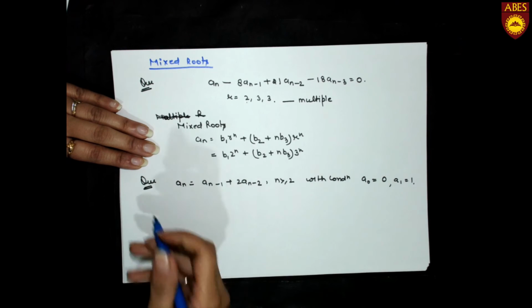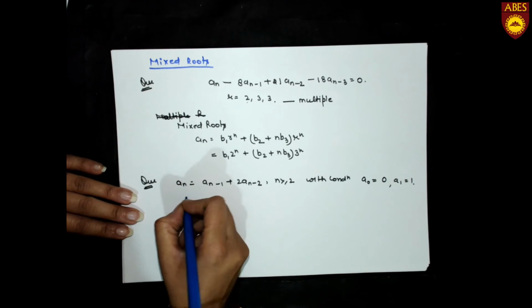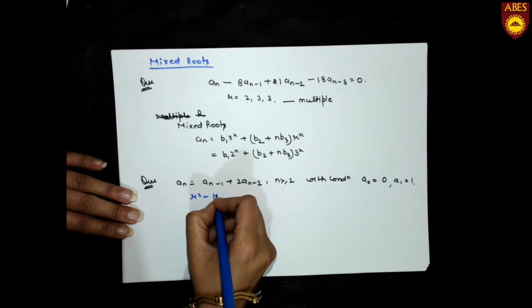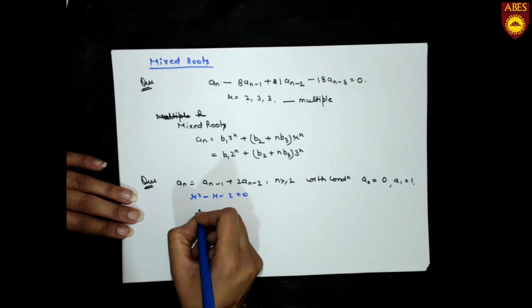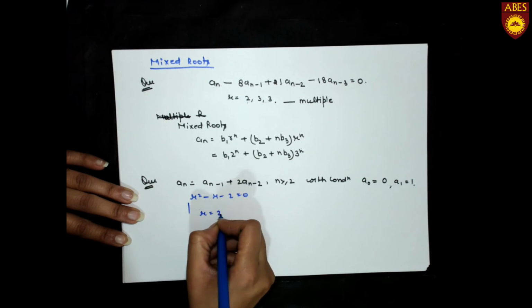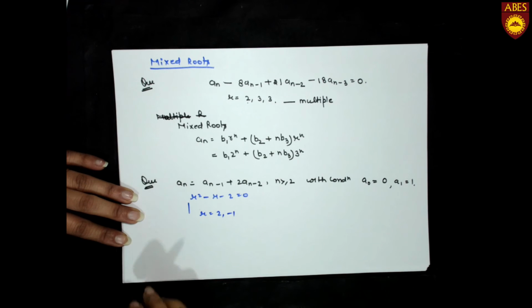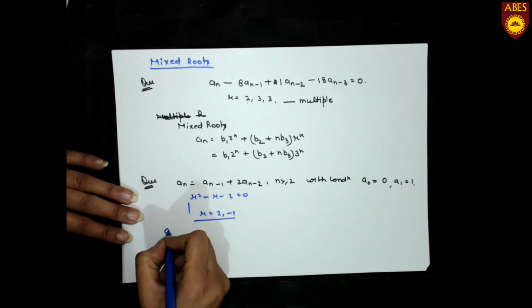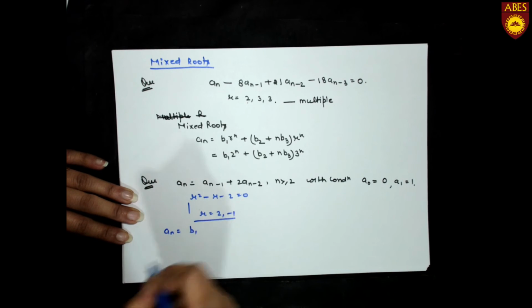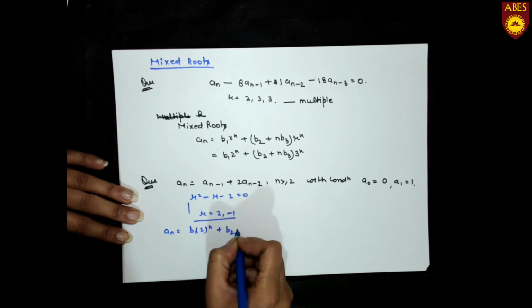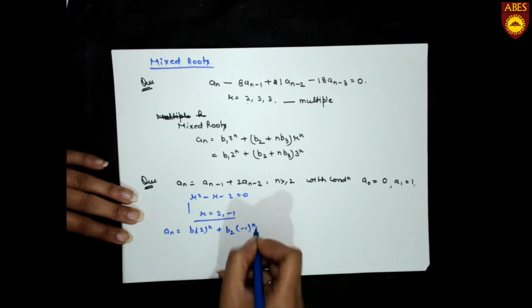Now the characteristic equation will be r square minus r minus 2 is equal to 0. Solve this quadratic equation and you will get the roots 2 and minus 1. Roots are distinct. Put the value: b1 2 to the power n plus b2 minus 1 to the power n.